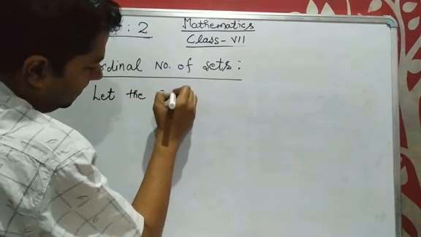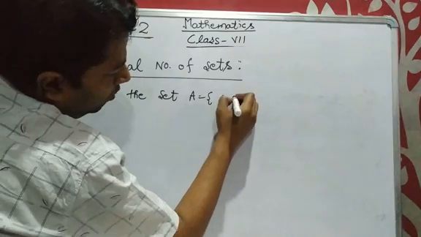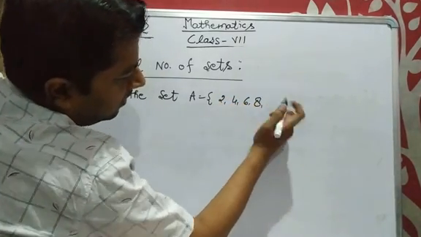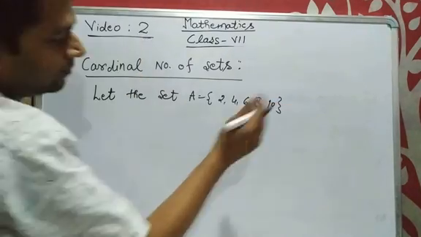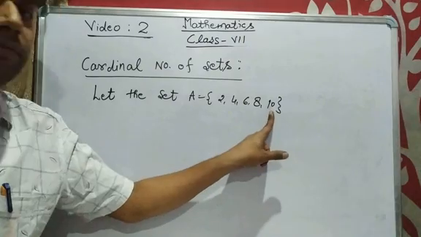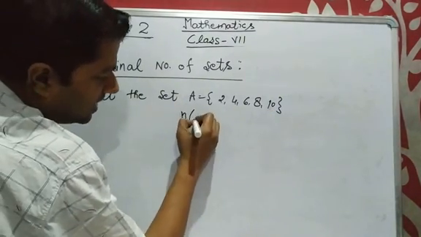Let the set A be equal to 2, 4, 6, 8, 10. So how many elements are here? 1, 2, 3, 4, 5. Cardinal number sign is this one.